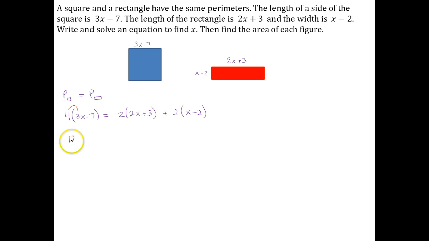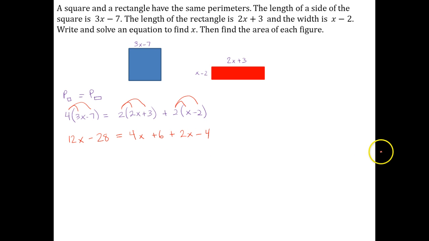4 times 3x is 12x. 4 times negative 7 is negative 28. 2 times 2x is 4x. 2 times 3 is 6, plus 6, plus 2 times x is 2x. 2 times negative 2 is negative 4.